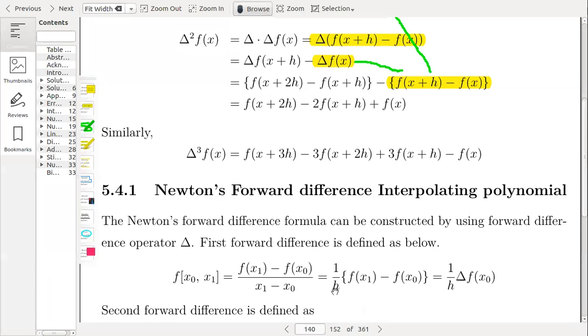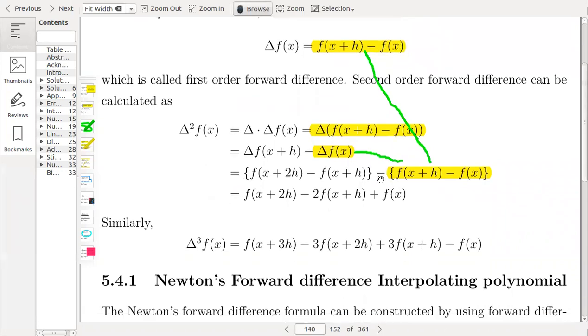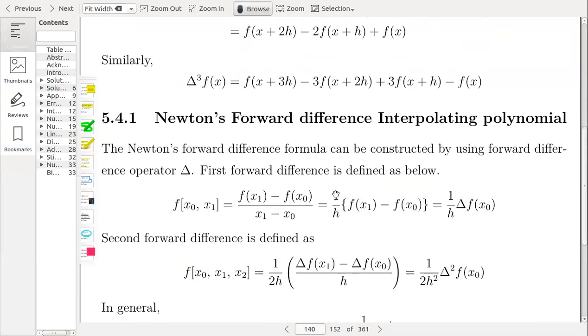So that is why we can write here 1 over h f of x1 minus f of x naught is equal to 1 over h delta f of x naught, because if we just go to the definition of delta f of x, we just need to replace this x with x naught. So then we will have this f of x1 minus f of x naught is equal to 1 over h delta f of x naught.